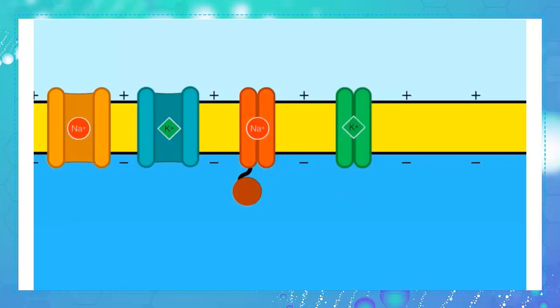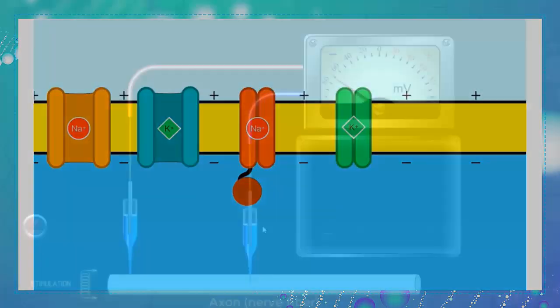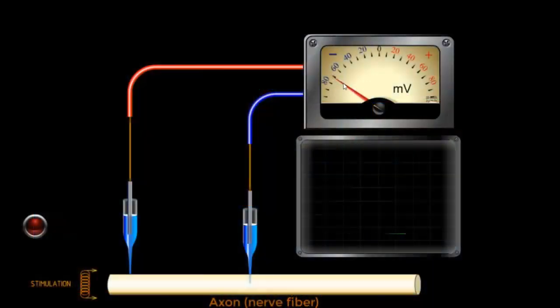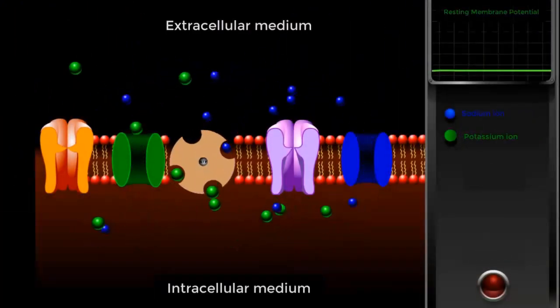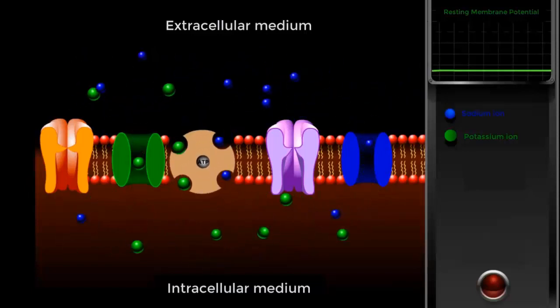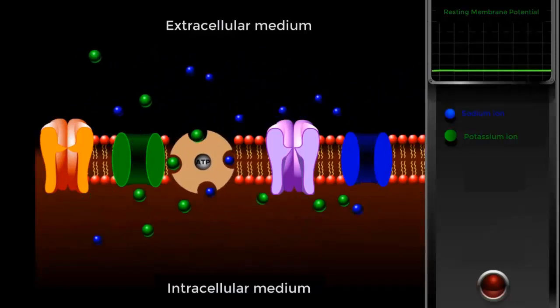You must be asking, how will understanding these channels help me understand the action potential? Okay, let's repeat the experiment of document A, but this time, let's simultaneously observe the behavior of these channels and their effect on the distribution of sodium and potassium ions, and thus their effect on the membrane potential.